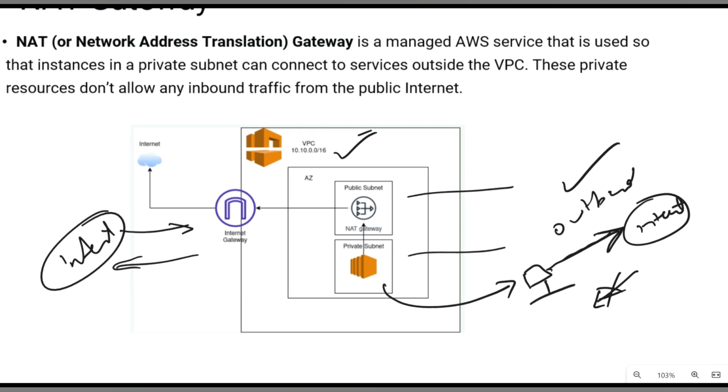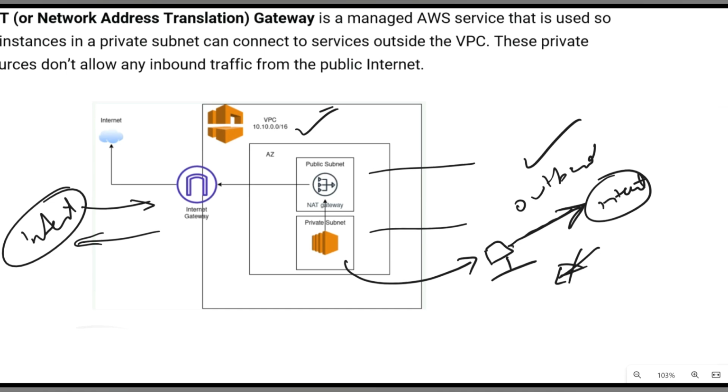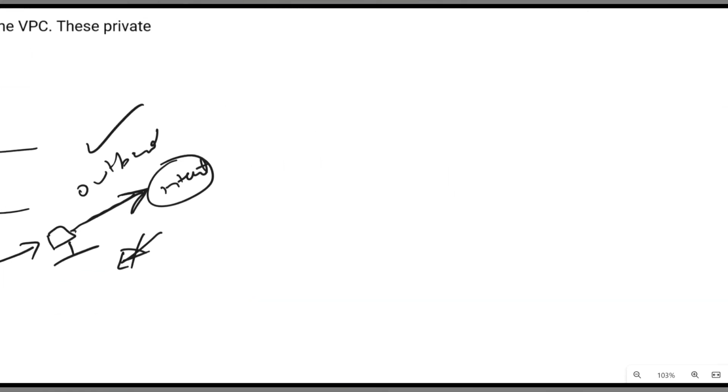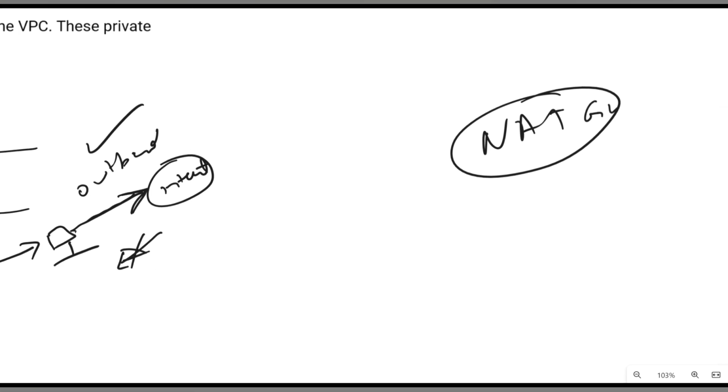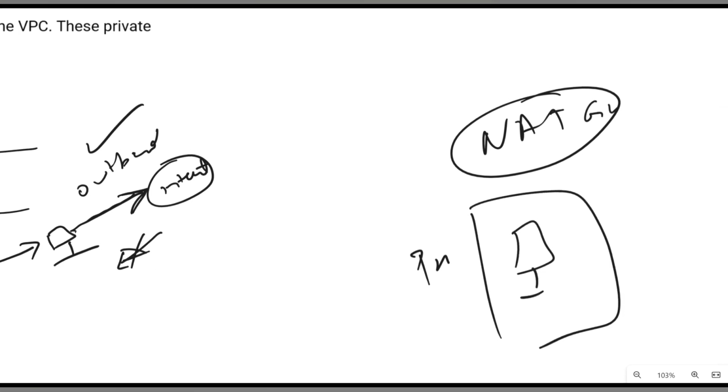Technically, this is not possible by default because there is no internet connection or visibility for the private subnet. Here comes something called NAT gateway. Let's say this is the NAT gateway, and this is your virtual machine on the private subnet.